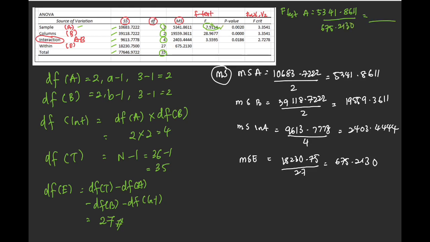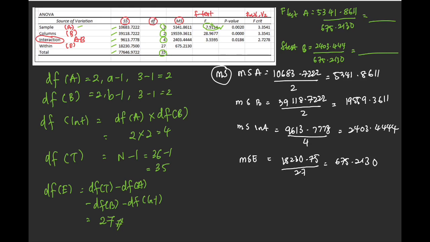Okay, the same goes for the F test B. How do you get the F test B? F test B is equal to 2403.4444 divided by 675.2130. You will get the F test for factor B.